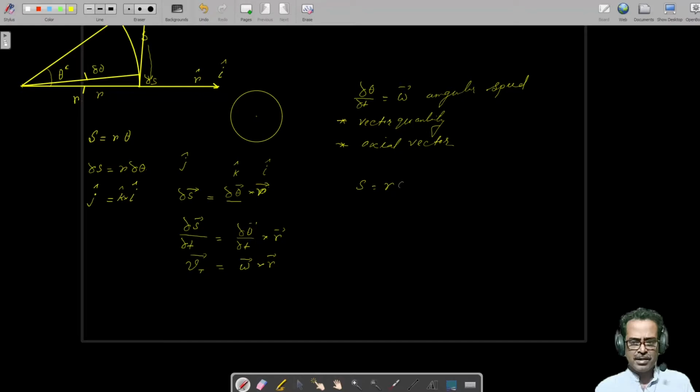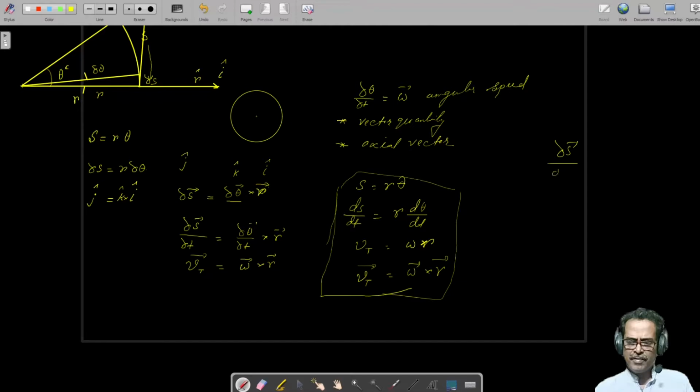S is equal to R theta, ds dt is equal to R d theta dt, and this is Vt is equal to omega cross R. Finally you have to give the reason why Vt can be written as omega cross R. Del S del t, limit del t tends to 0, del S del t is equal to ds dt.